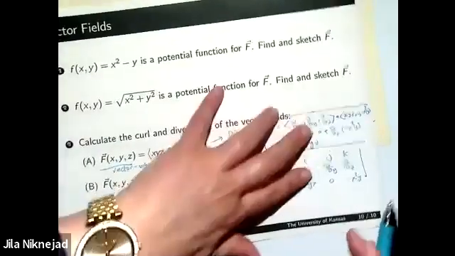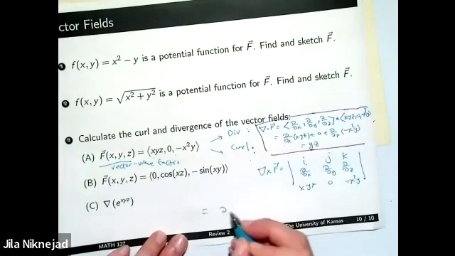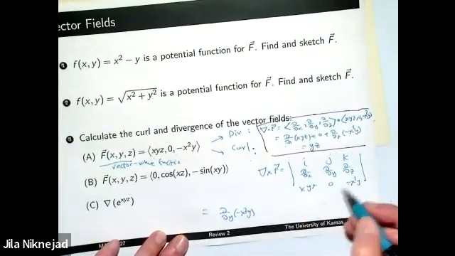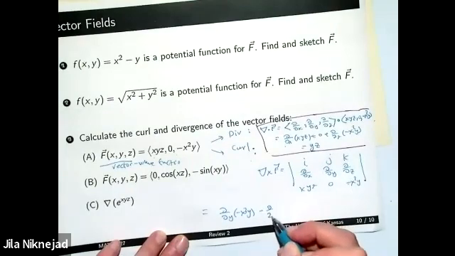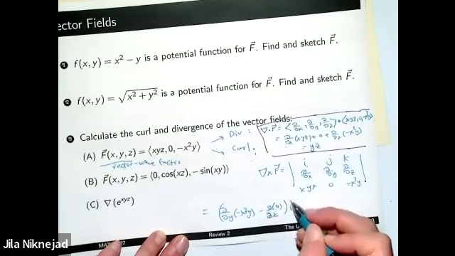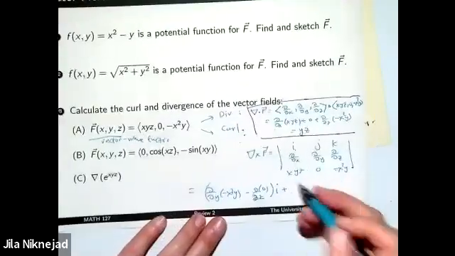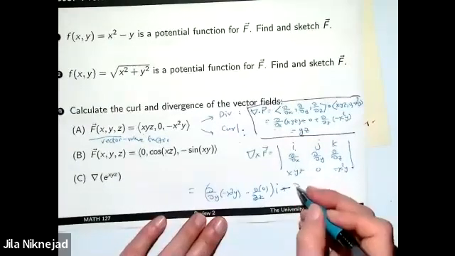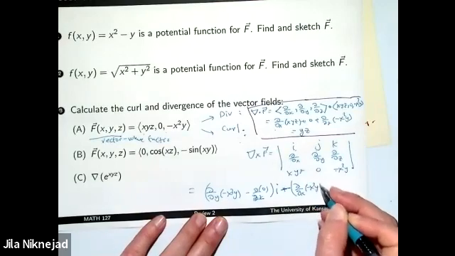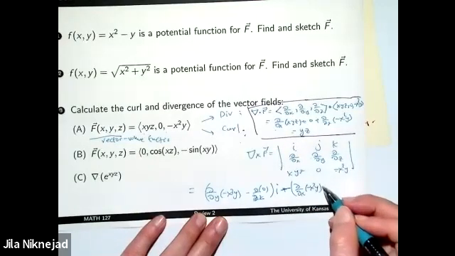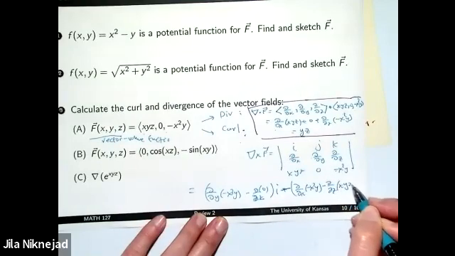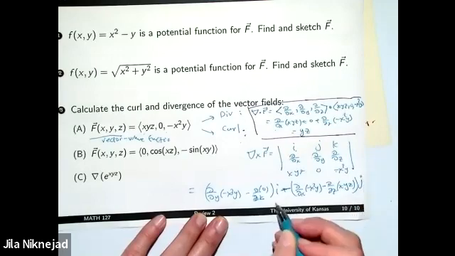That means that for i, I get partial with respect to y of negative x squared y minus partial with respect to z of 0 times i, plus for j, I get negative partial with respect to x of negative x squared y minus partial with respect to z of x, y, z times j.